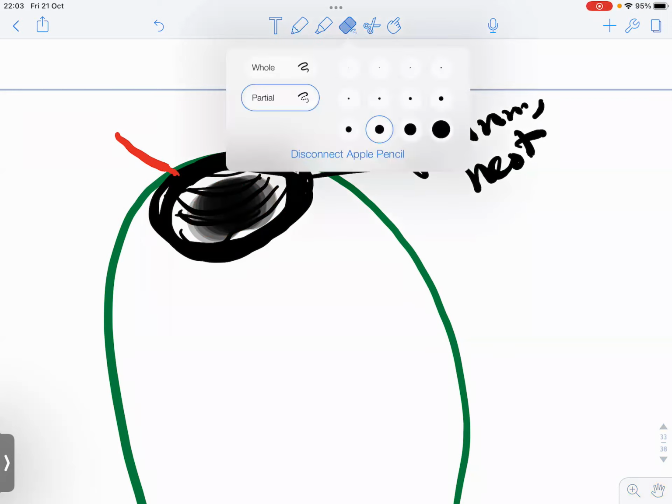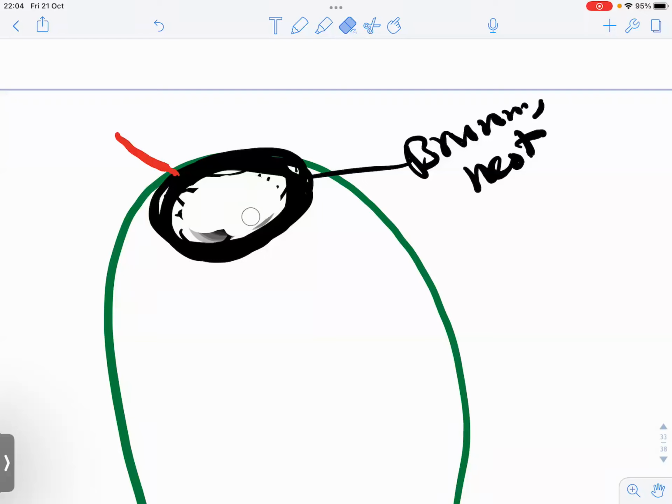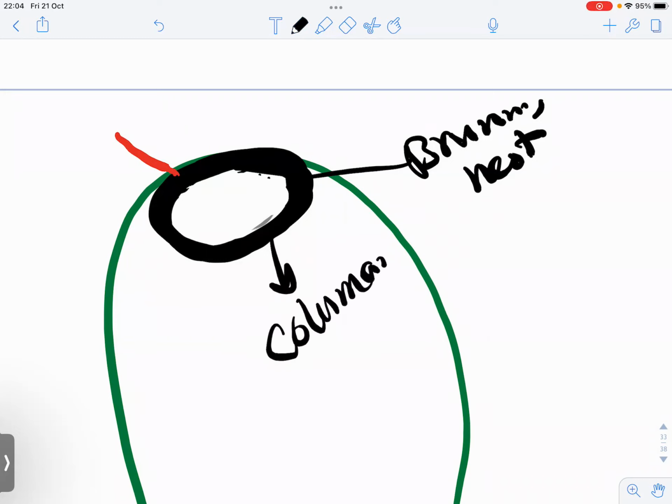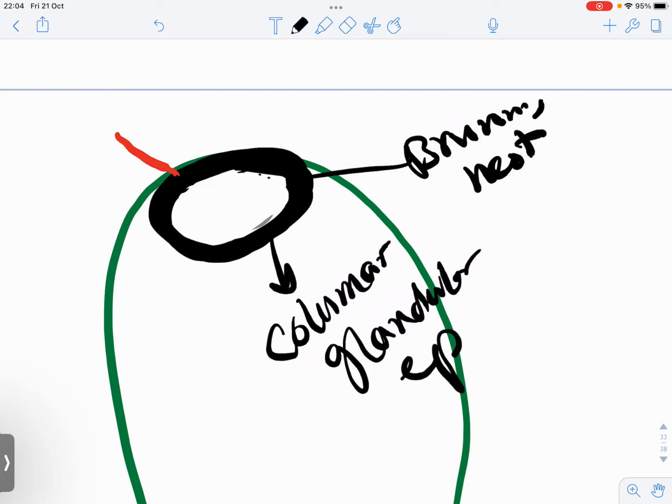and then it will be empty, and this transitional epithelium will start to turn into columnar glandular epithelium.